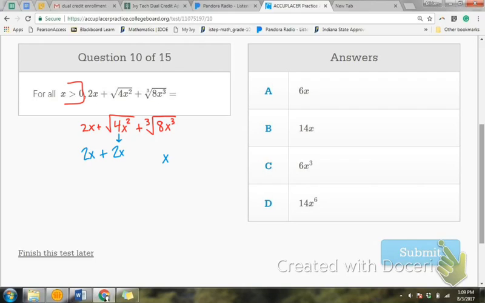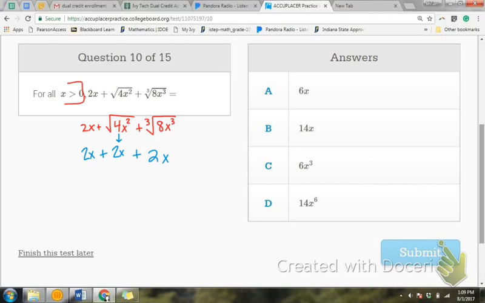Okay? Then, we haven't talked about this yet, but what is the cube root of 8? That means what number times itself 3 times makes 8? 2, right? 2 times 2 is 4. Times 2 again is 8. So this reduces to just 2x. Can you simplify this? What's 2x plus 2x plus 2x?